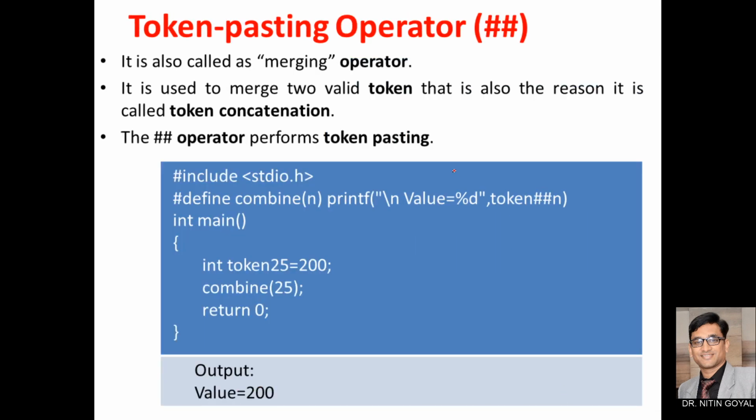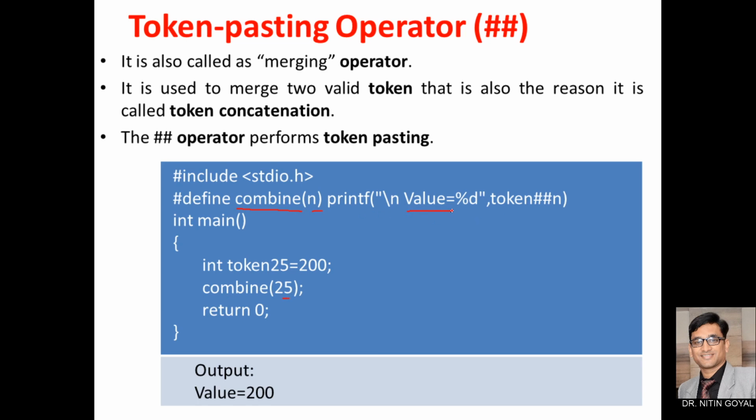The second category is the token pasting operator, that is double hash, ##. It is also known as the merging operator or merger. How? We will see by this example, in which we have defined a macro COMBINE and the value is n. In the program, the value of n is passed as 25. So the value of n will be passed as 25.